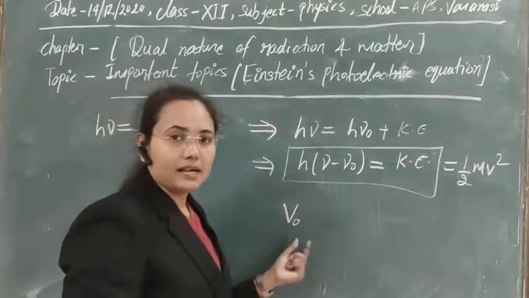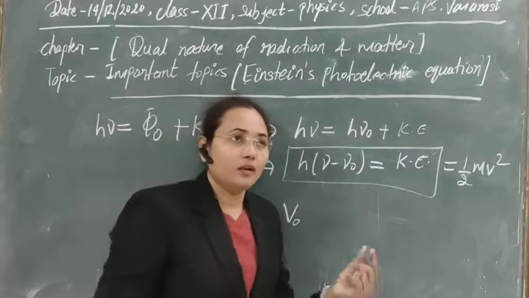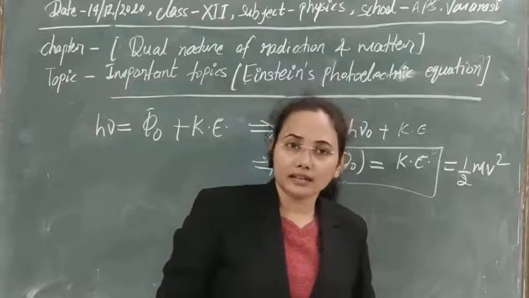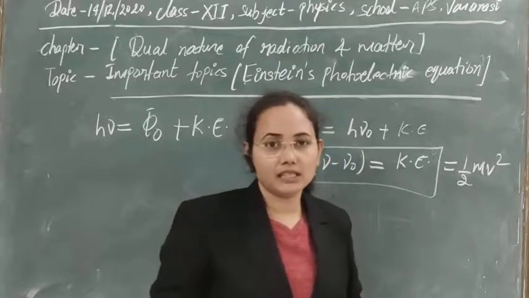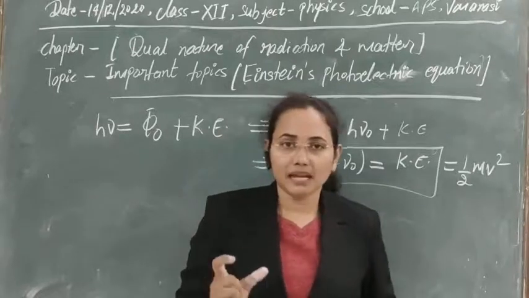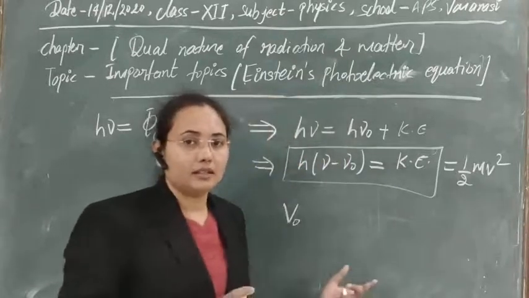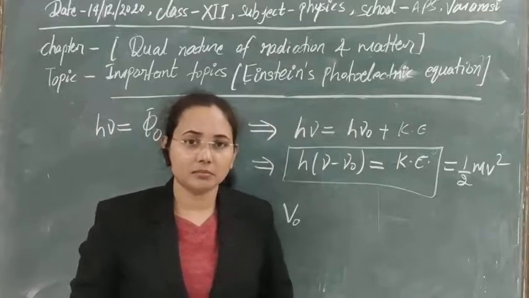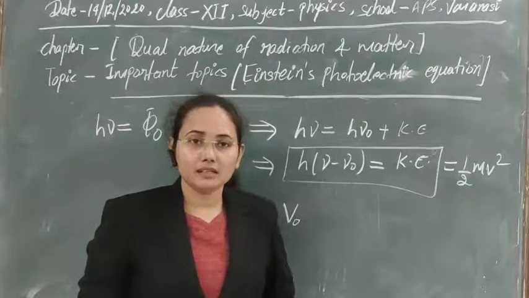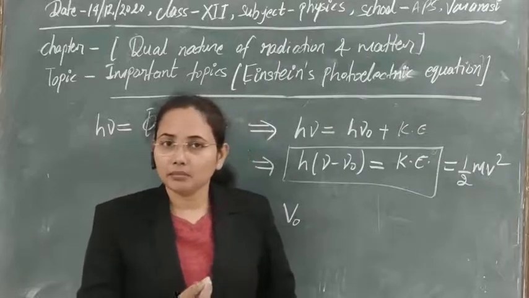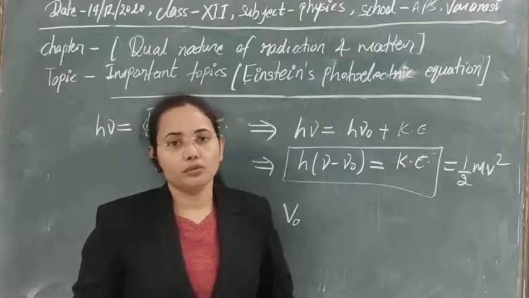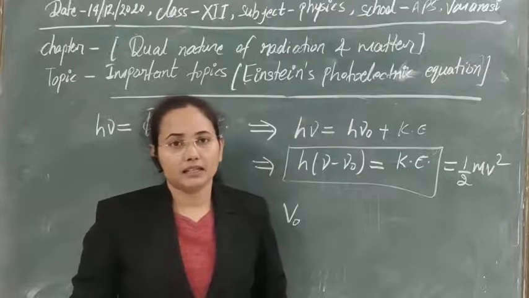Obviously at this stopping potential, only the electron that has maximum kinetic energy can reach the anode. But if we increase the negative potential again, then that electron will also stop reaching there and ultimately the current becomes zero.